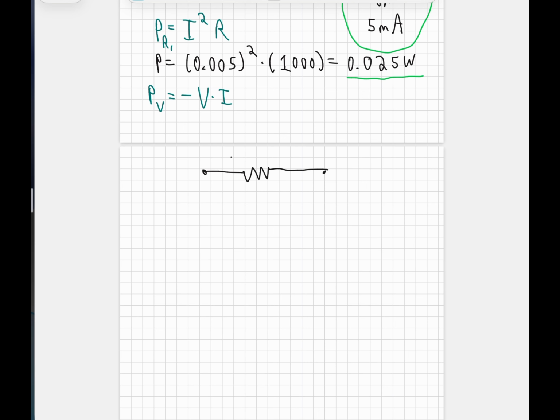So when current I travels this way, and it's going through a resistor right here, you can think of the resistor as a current to voltage converter. What that means is this.